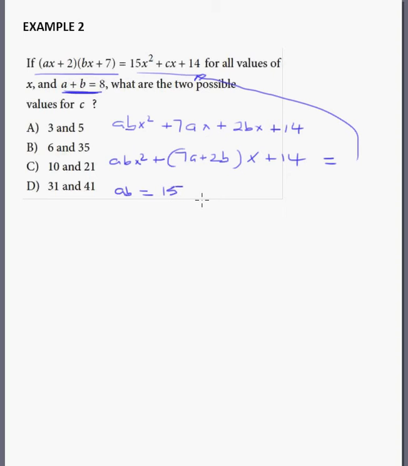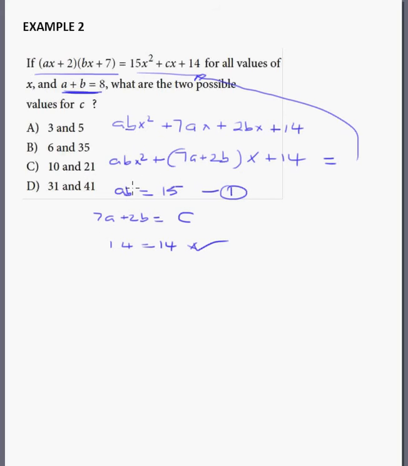That is, I compare the x squared, and that is my 1. I can also say that 7a plus 2b is equal to c. Do you see that? And then I can say my 14 is equal to 14. So that one we are good. We don't have to worry about that.